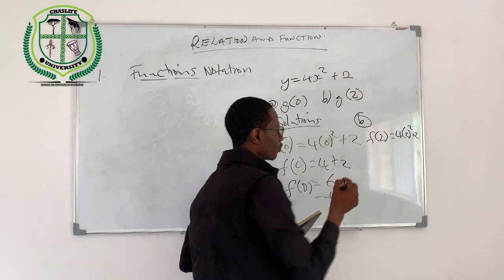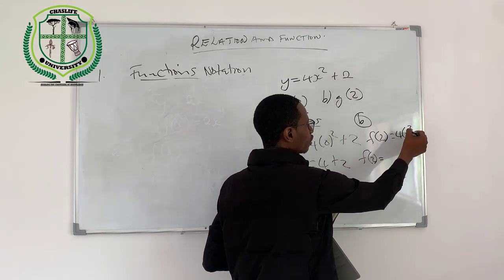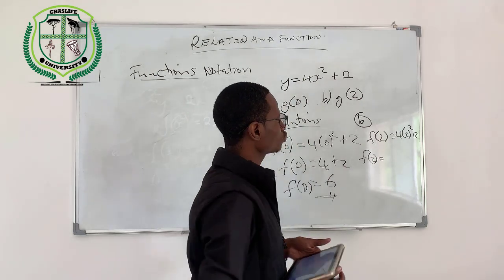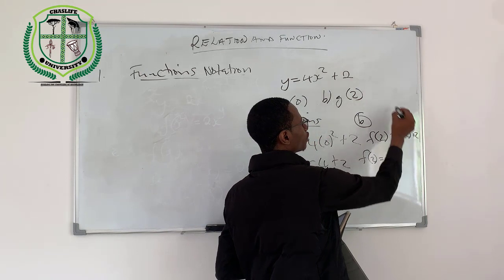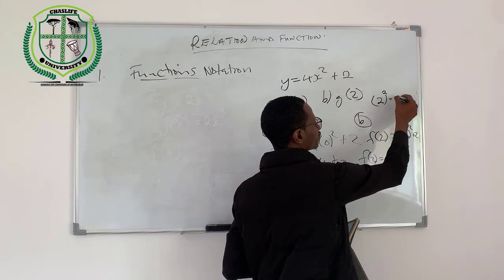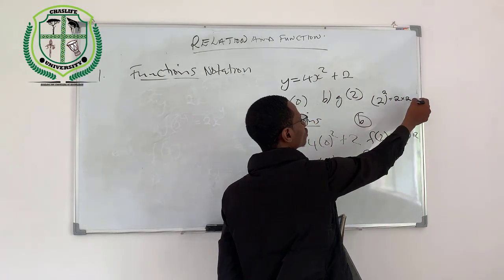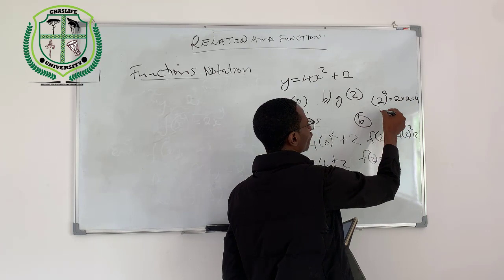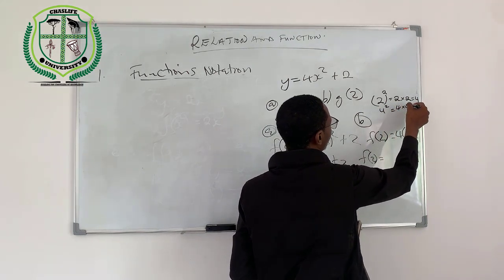Are you following? So we're going to say f of 2 is equal to 4 multiplied by 2 to the power 2. When we have 2 squared, the implication is that we are saying 2 times 2. So 2 times 2 is 4. If it's 4 to the power 2, what we are doing is 4 times 4.